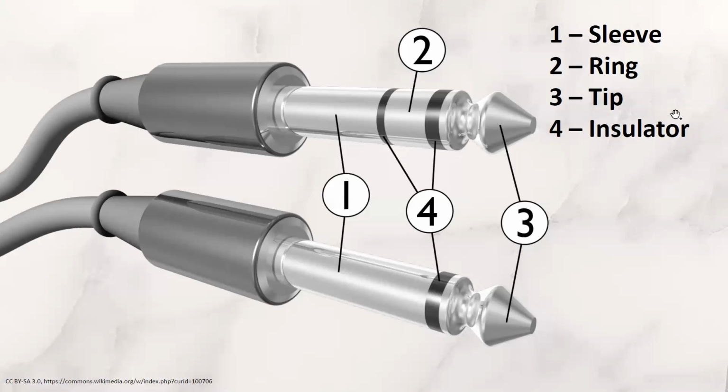These are 1/4-inch jacks because the diameter of this cylindrical plug is 1/4 inch. Right? As a reminder, there are also the headphone jacks. They are 1/8 of an inch, because the diameter is 1/8 of an inch. So these are small headphone jacks.